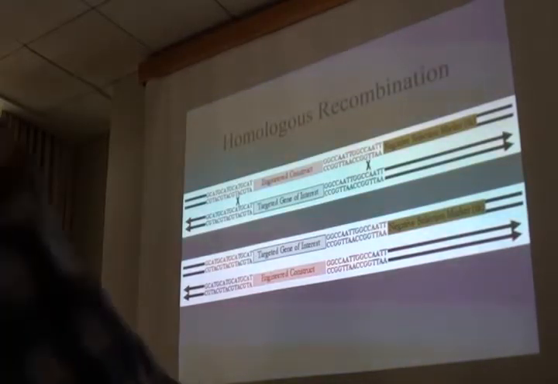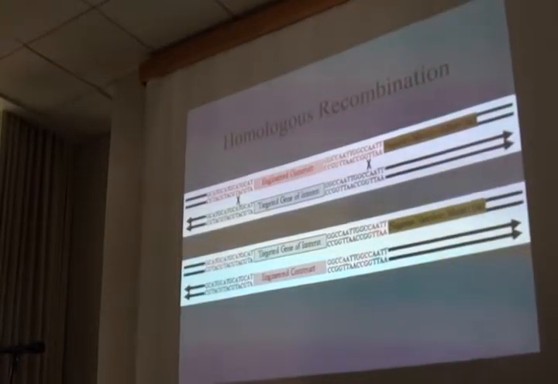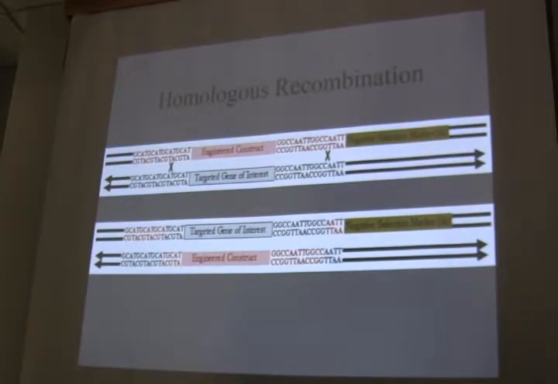In that case, you have a negative selection marker, usually thymine kinase. After you treat with both of them at the same time, you'll kill off all the mice or rats or eggs that have the transgene inserted by non-homologous recombination.